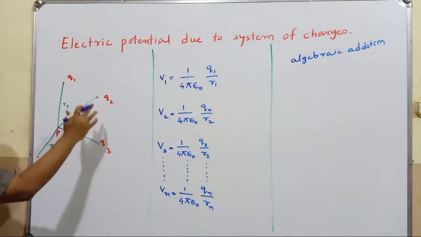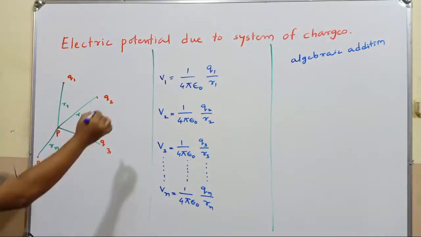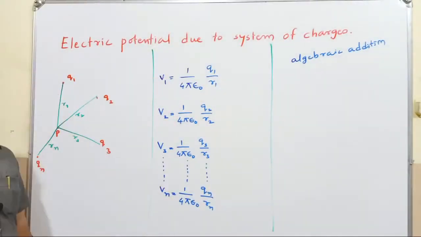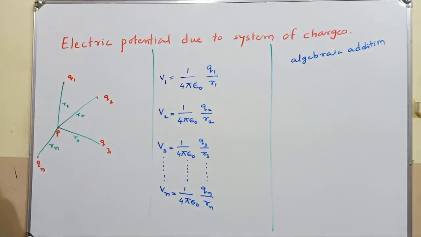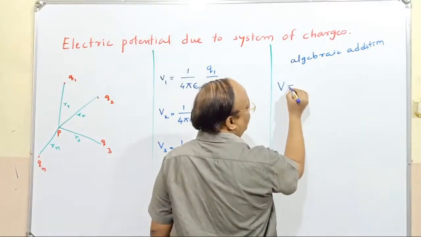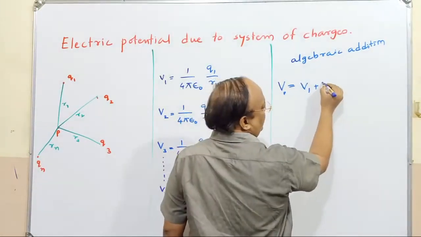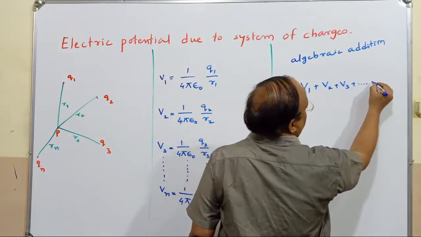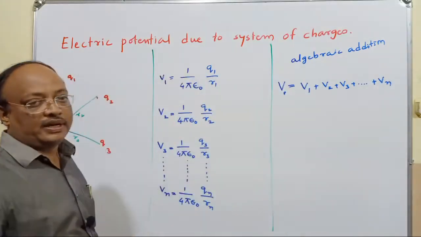Potential due to all these charges at this point P is just the normal addition of all the potentials due to these individual charges. So potential at P is V1 plus V2 plus V3, and like this, if there are n number of charges, it is Vn.